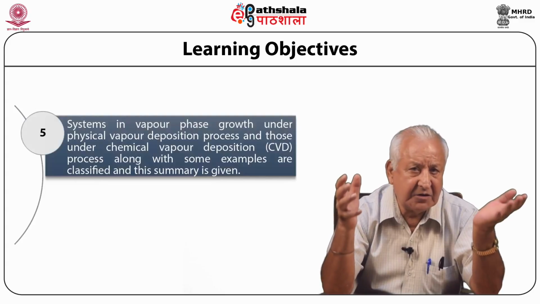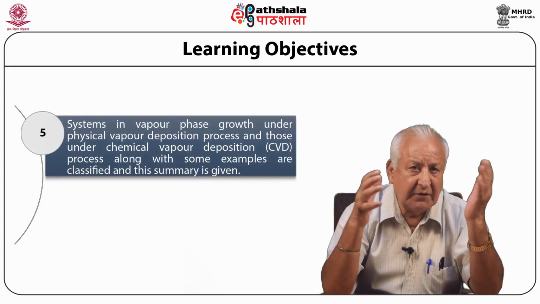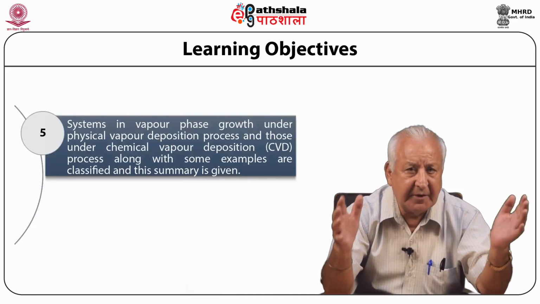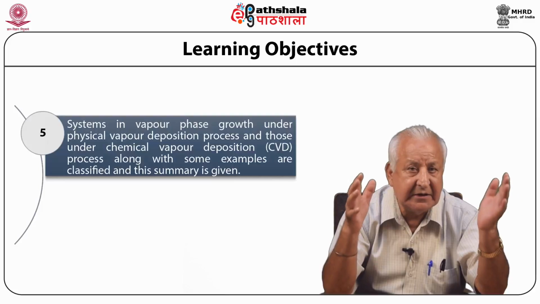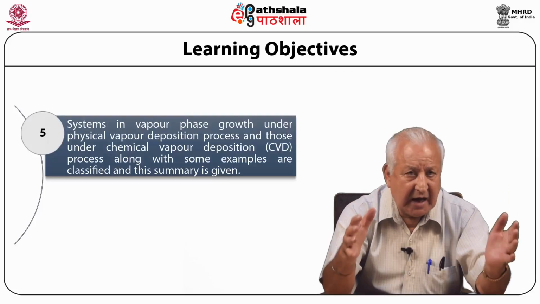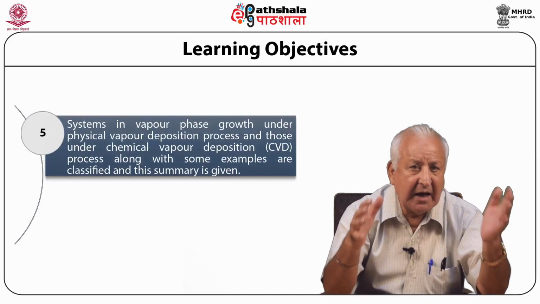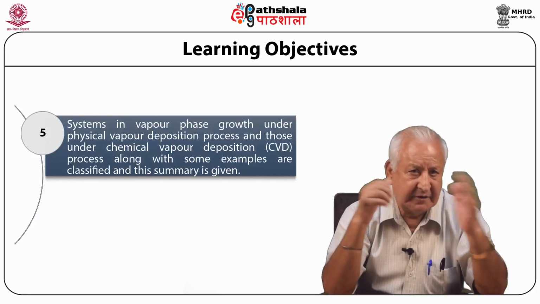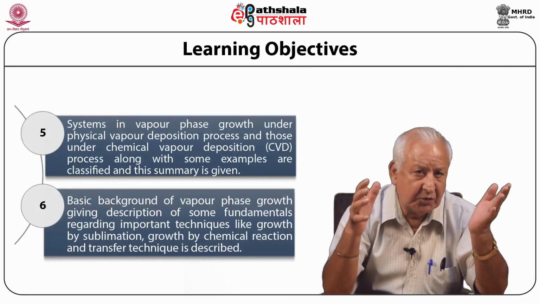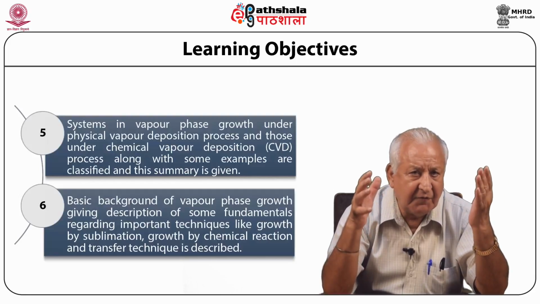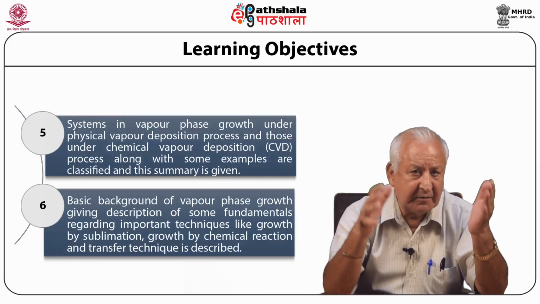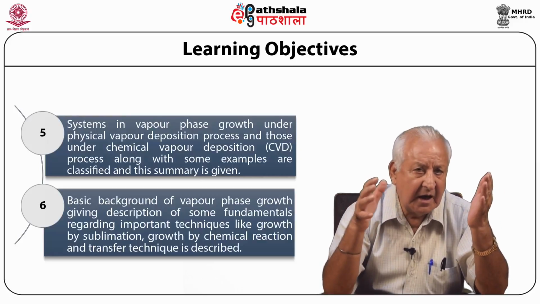Systems in vapor phase growth under the physical vapor deposition process and those under the chemical vapor deposition, abbreviated as CVD, process, along with some examples, are classified, and this summary is given. Basic background of vapor phase growth is given, describing some fundamentals regarding important techniques like growth by sublimation, growth by chemical reaction, and transfer technique.